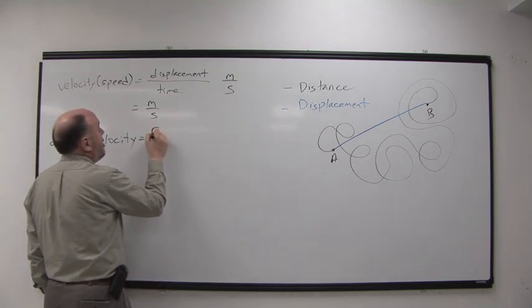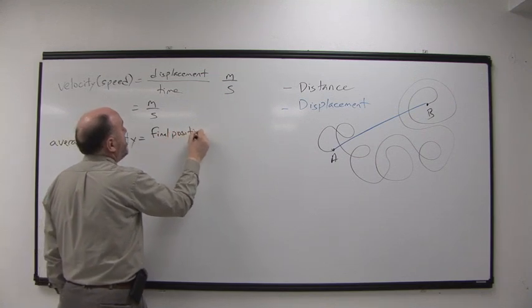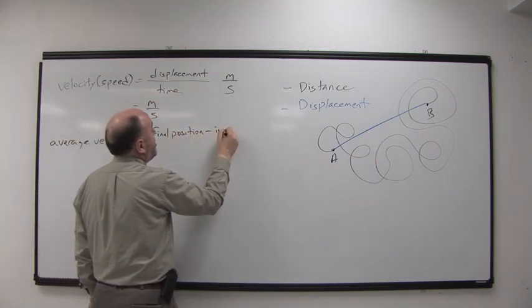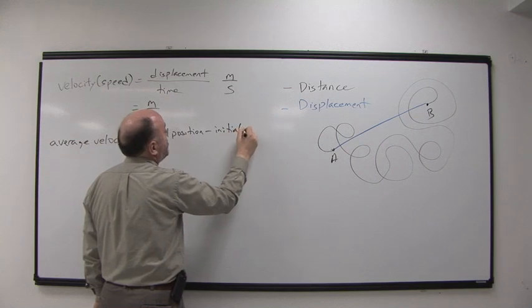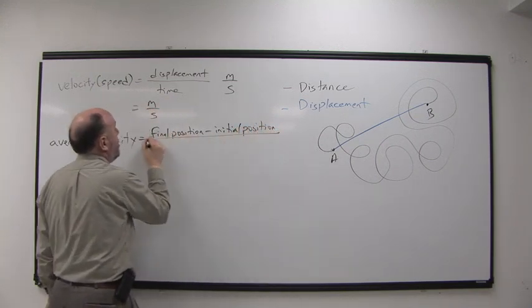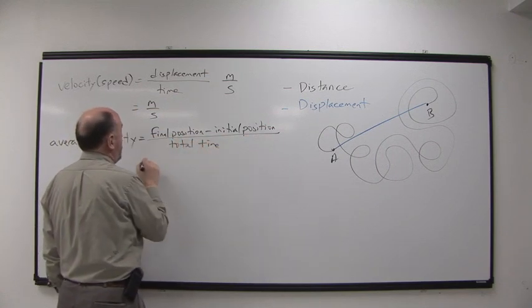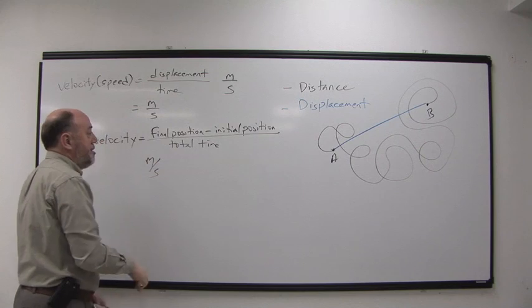So basically this will be the final position minus the initial position, so the distance you traveled, divided by the total time. And that will give you your average velocity.